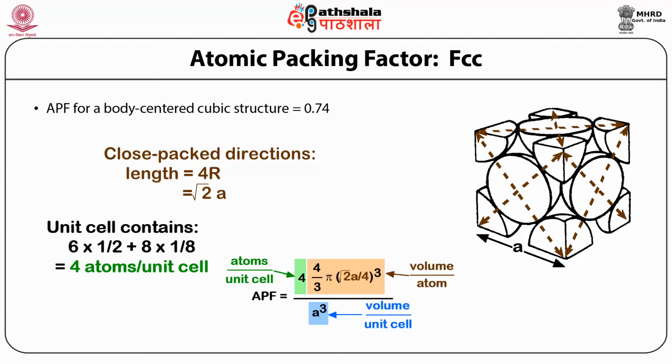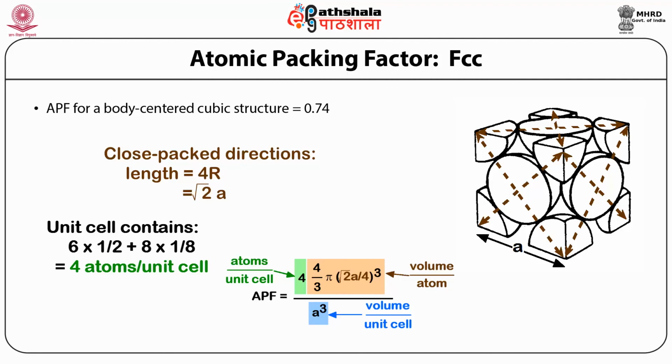So, the atomic packing factor, APF, is given as the volume of all atoms in one unit cell divided by the volume of one unit cell. So, in the present case, it is 4 times 4 by 3 pi r cube. Here, why are we multiplying by 4? Because it has 4 atoms per unit cell.